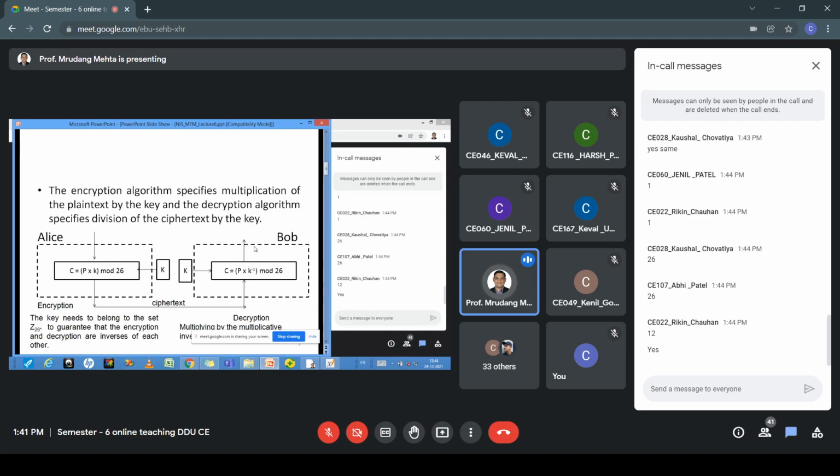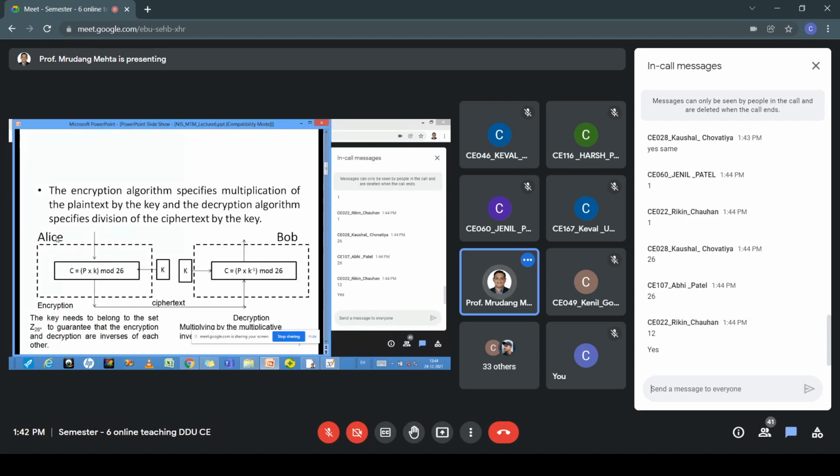If you look at the encryption algorithm, there are two entities, two people: Alice and Bob. Alice is interested in sending encrypted text to Bob.